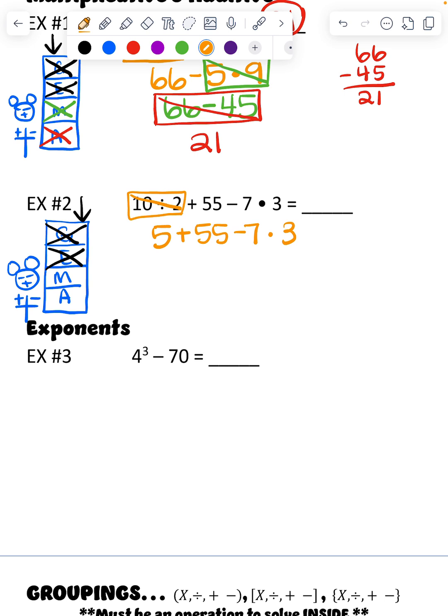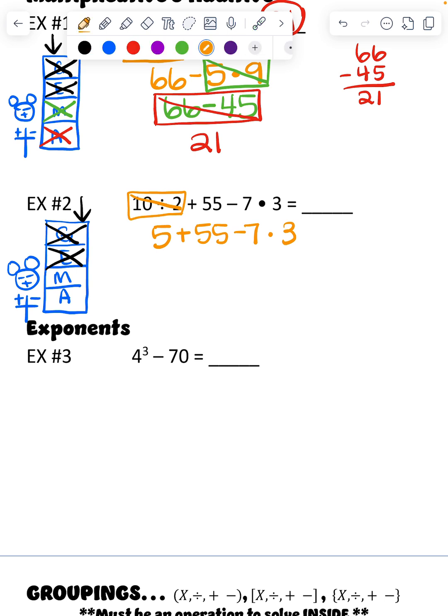Okay, and then again, we start back over and start at the beginning, and we're still looking for multiplicative relationships. Is this a multiplicative relationship? No. Is this a multiplicative relationship? No, it's subtraction. Is this a multiplicative relationship? Yes.